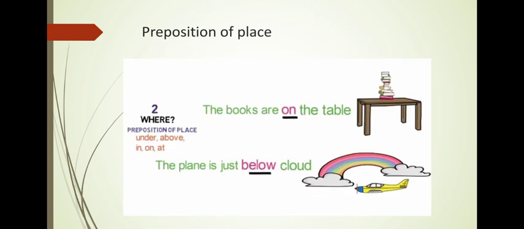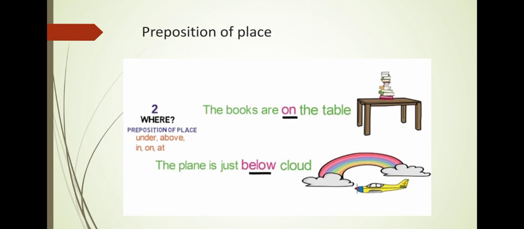Next, preposition of place. Now here we can see the example. The books are on the table. The relationship between the books and the table is being shown by the word on. With the help of the word on, we come to know the relationship between the books and the table. Next, the plane is just below the cloud.